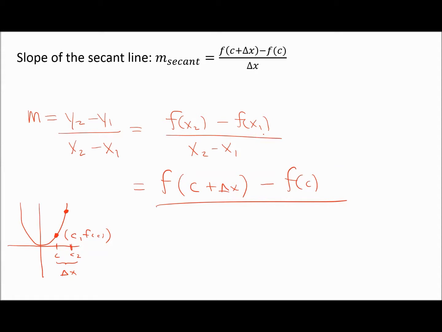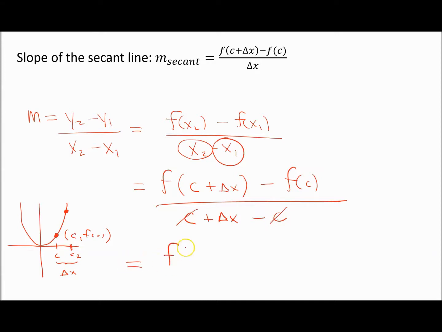Over. Now, at the bottom I have x2 minus x1. Remember x2, here's what we called it. We called it c plus delta x, didn't we? Because it was c plus some distance away, and then minus c. Well, y'all, that just gives you the distance delta x.